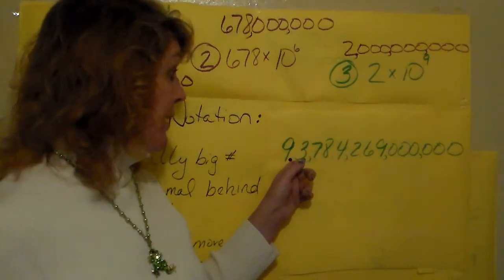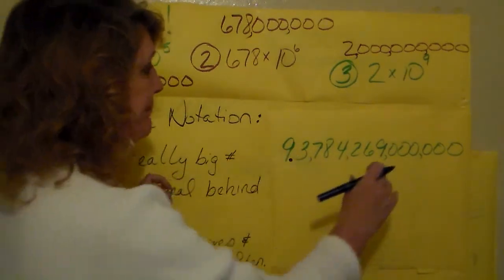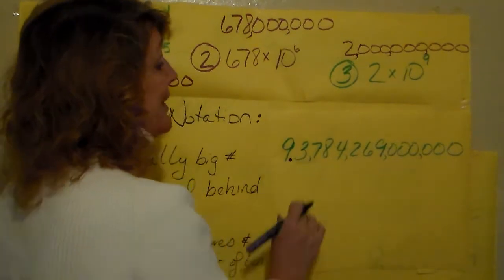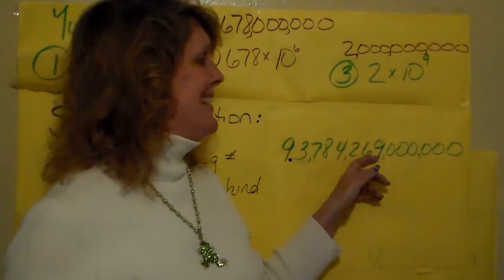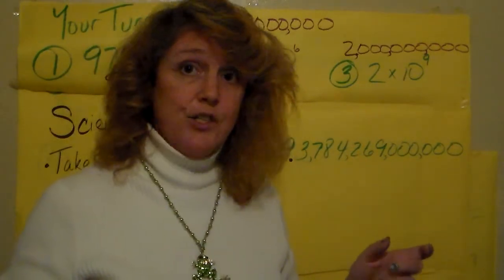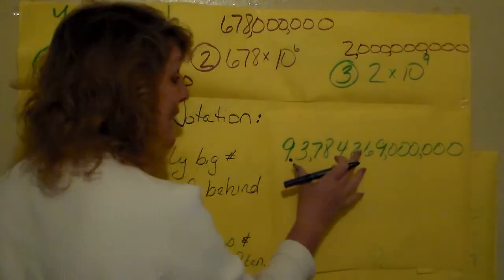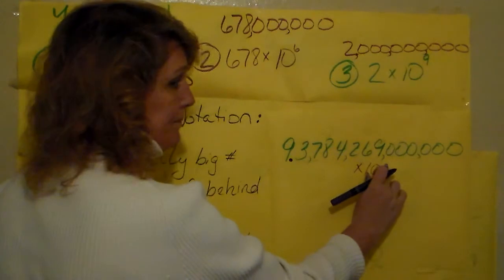Now, this isn't 9.378. This is really hundreds, thousands, millions, billions, trillions. This is really 93,784,269,000,000. So we've got to say times 10 to some power.